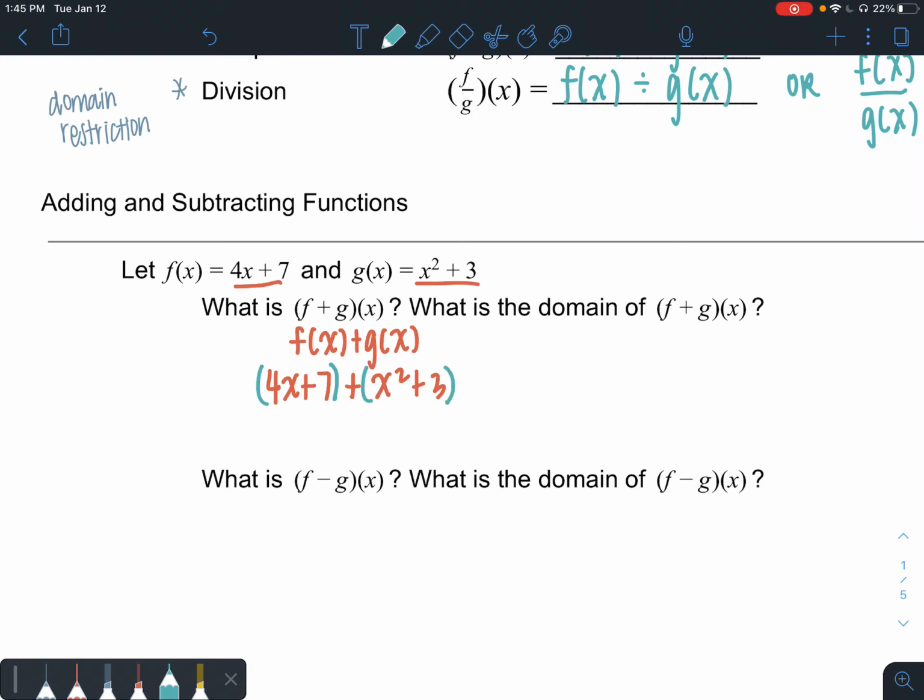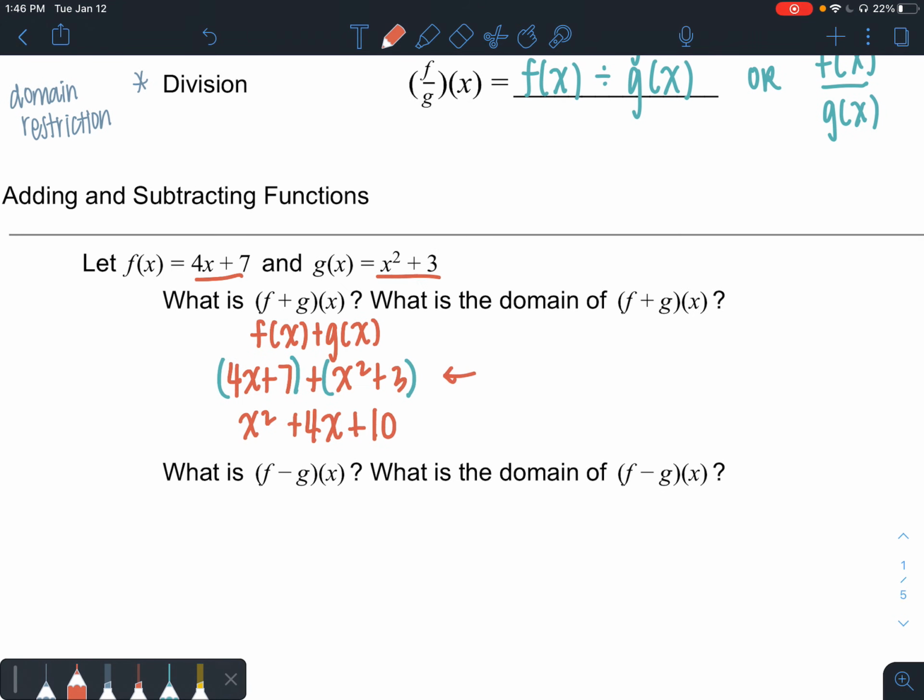All right, and then we combine like terms. x squared is all by itself, 4x is all by itself, and then 7 plus 3 is 10. So that right there is our function. I'm just going to write out what we did. We want to combine like terms and put it in standard notation.